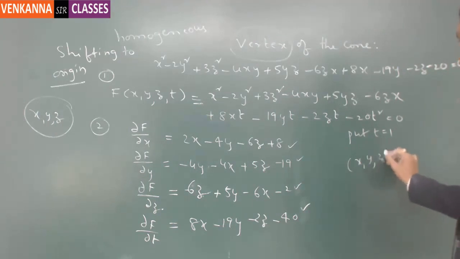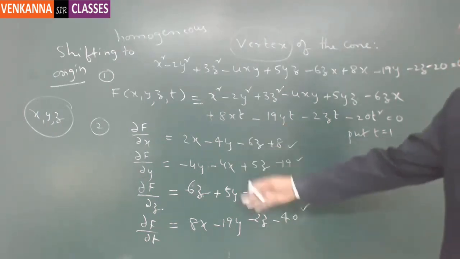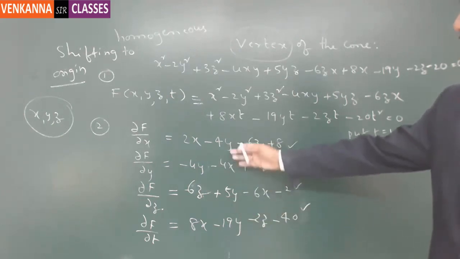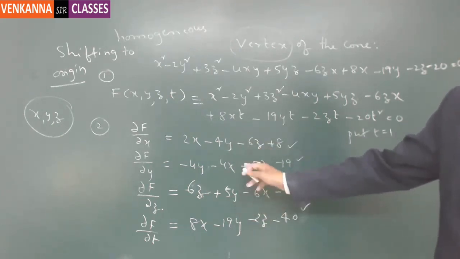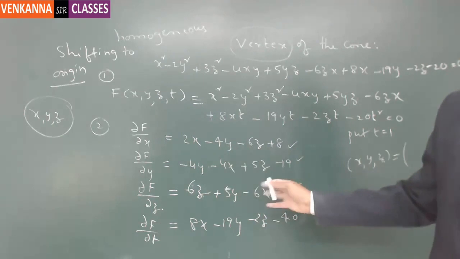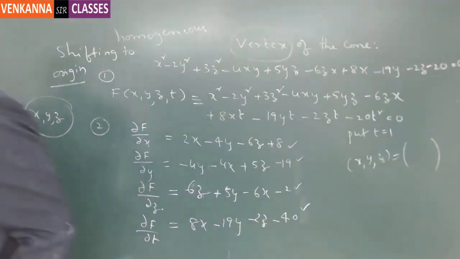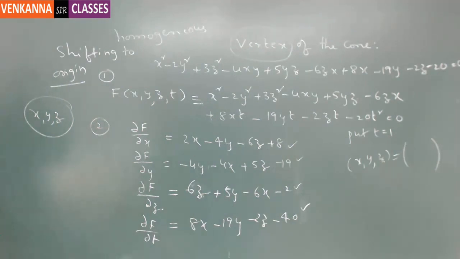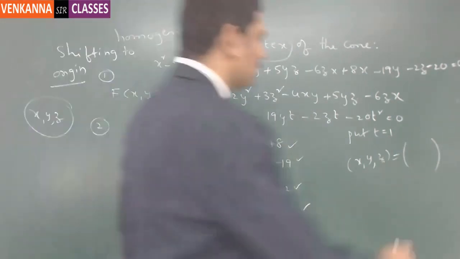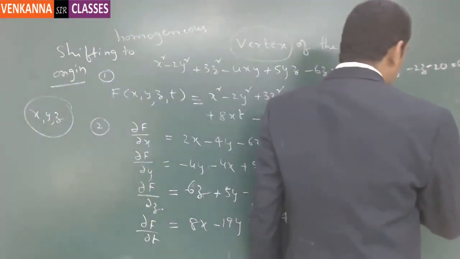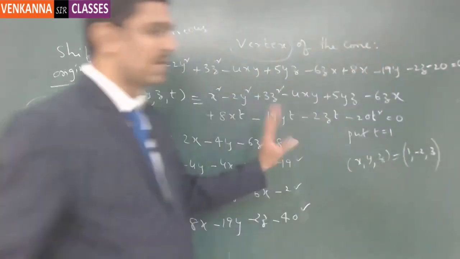It is nothing but solving regular equations. You can solve them one after the other, or write them in matrix form, whatever you do. On solving, you will get the vertex of the cone as (1, -2, 3). That was the idea.